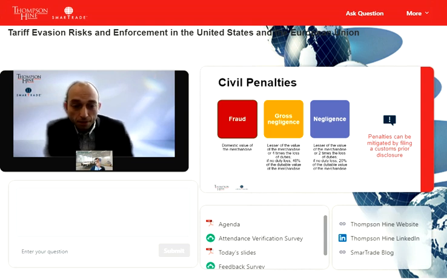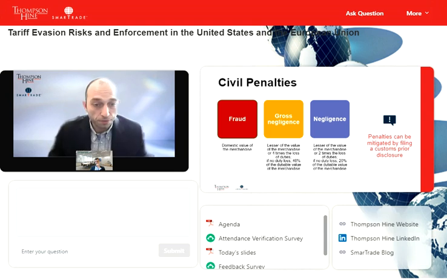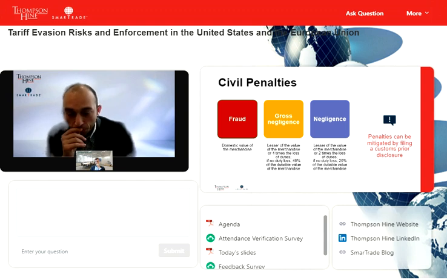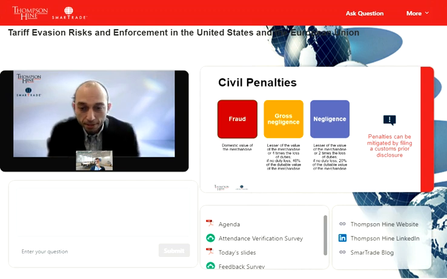And then in negligent violations, the maximum penalties are the lesser of the value of the merchandise or 2 times the loss of duties. And if no duty is lost, then 20% of the dutiable value of the merchandise. It's important to emphasize that these penalties can be mitigated by importers using various measures, including filing a customs prior disclosure with the CBP.